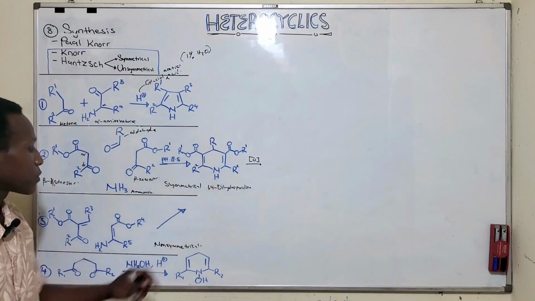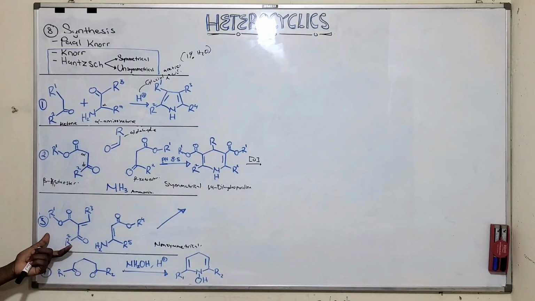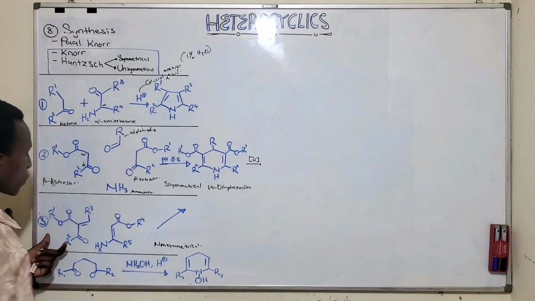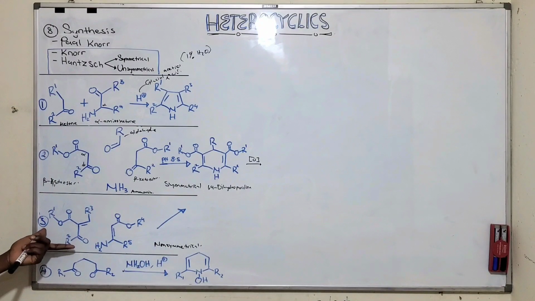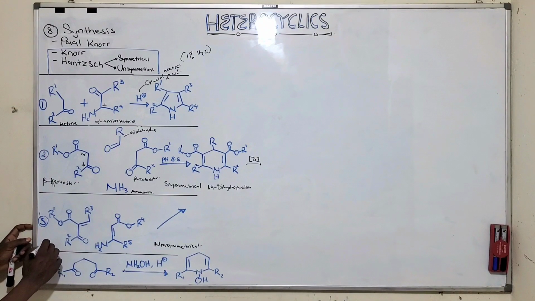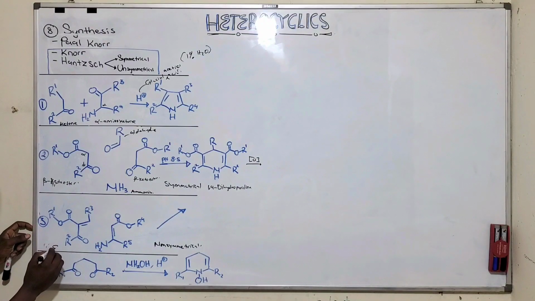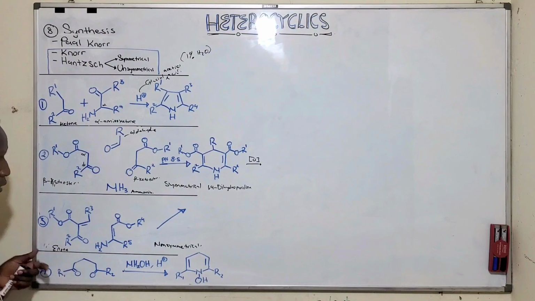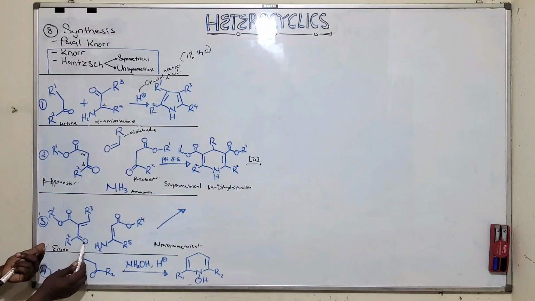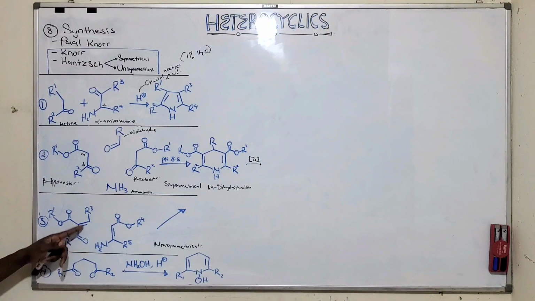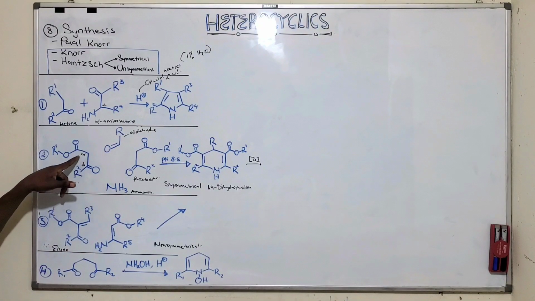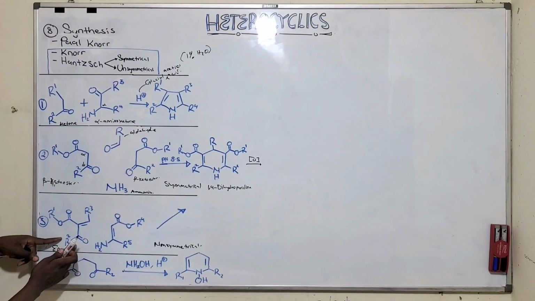We are going to see the mechanisms. Then we have this one, non-symmetrical. We have a beta keto ester. No, this is now an enone. We are seeing an enone, this one, oxygen and double bond here. This group is now attached to the beta keto ester to form an enone.